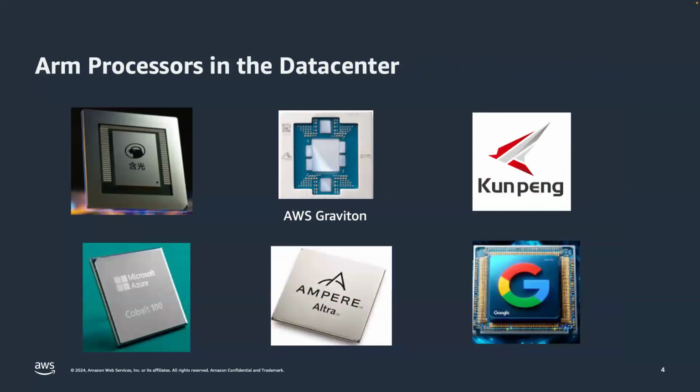And we are not the only manufacturer of ARM processors, right? For consumers like you, if you are using your own personal laptop at home, some of you may have bought the Apple Silicon laptops, like the M1, M2, M3, and they have just announced M4.